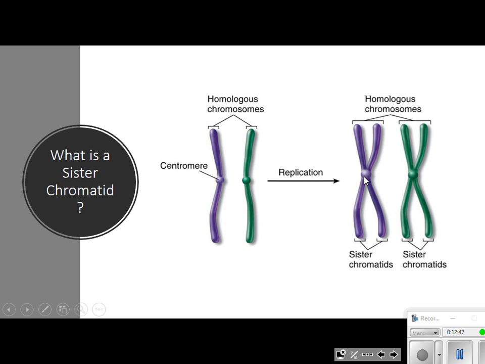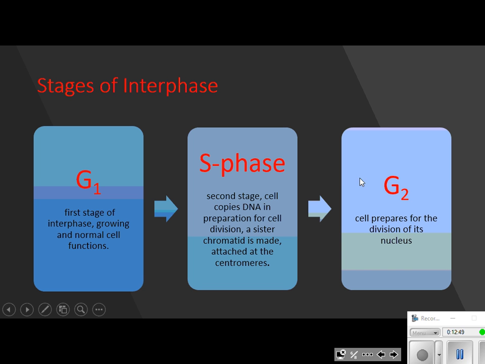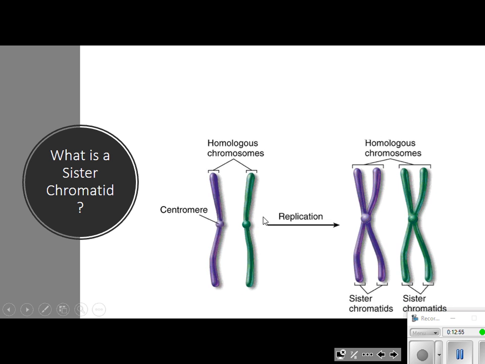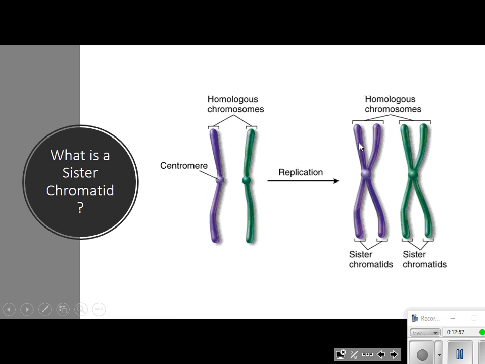What that is, when we were back here talking about this S phase, where the cell copies the DNA, well, that is the copy. The one purple chromosome has copied itself, and it's attached at the centromere, and we call these 2 sister chromatids. Okay? Sister chromatids.